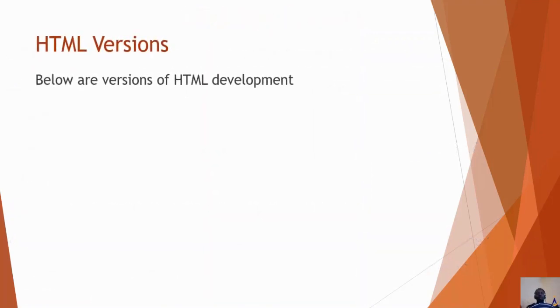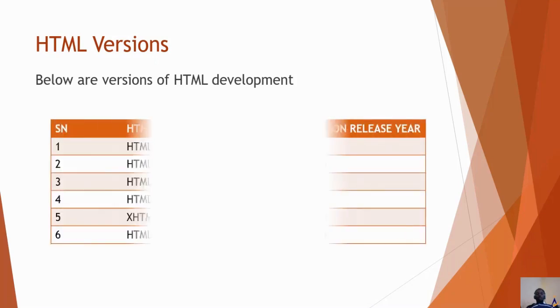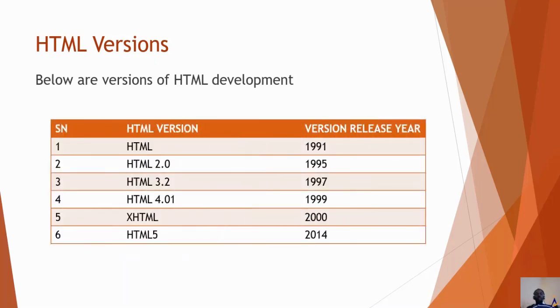Now, when it comes to the HTML language, it has had some major development changes, and those changes we call versions. So here is a table describing how HTML changed from 1991 to 2014.